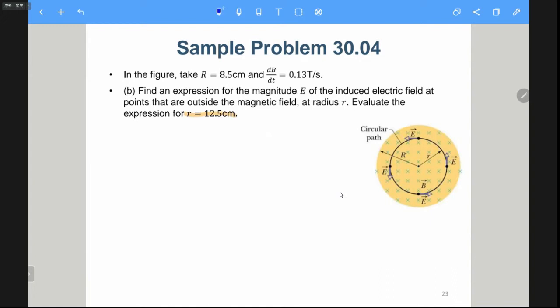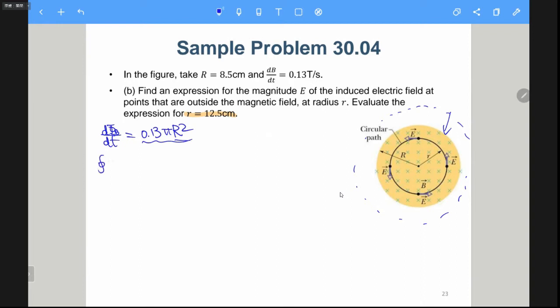In this case, d phi b dt is different. d phi b dt is nothing but this region, which is 0.13 pi capital R squared rather than small r squared, because this loop is something outside. So the magnetic flux only considers the inner part and all the way this part.